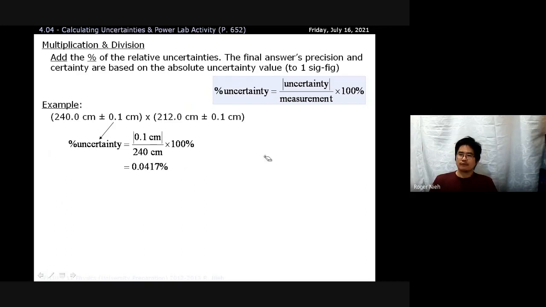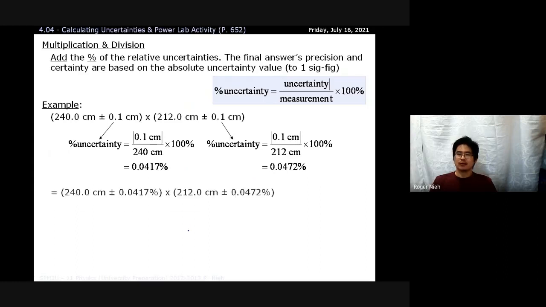So you have to show that every time that you have an absolute measurement. You need to convert this absolute measurement into its relative measurement. And now let's rewrite the question again. It's the same question, but this time around, we've converted it from an absolute uncertainty into a relative uncertainty.